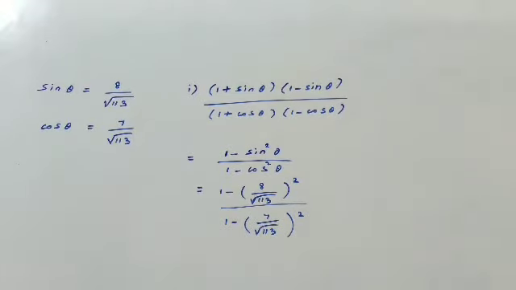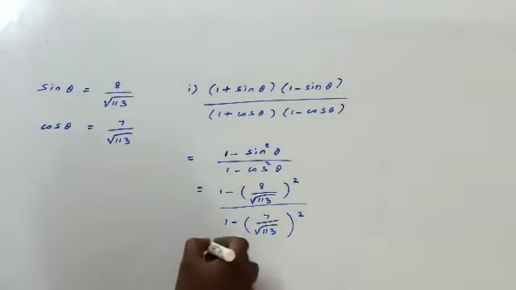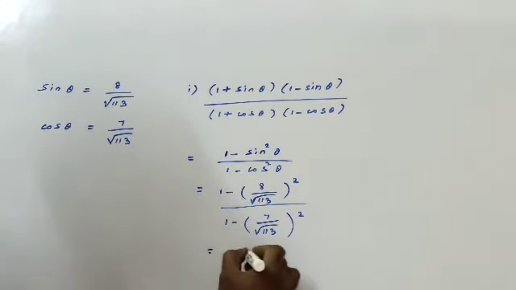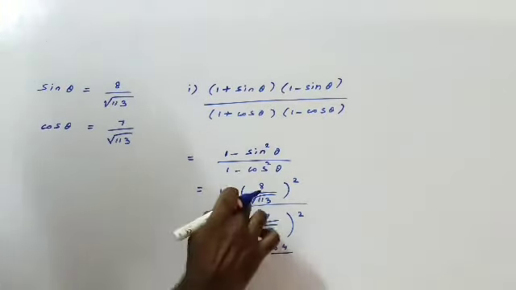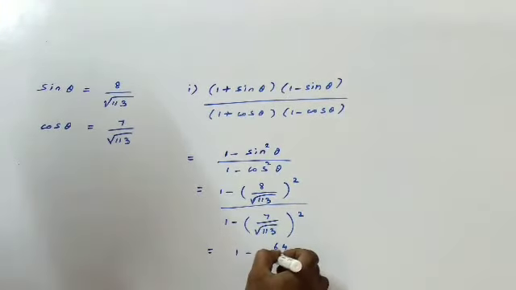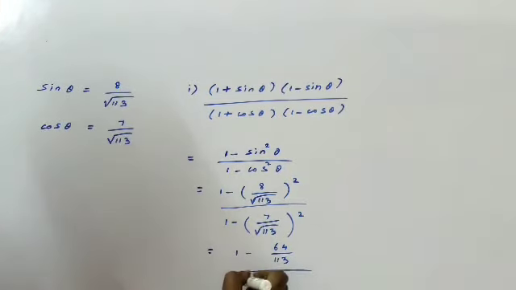Now squaring the value of 8 gives 64. So 1 minus 64 divided by the square of root 113 gives 113, divided by 1 minus 7 square, that is 49, root of 113 square, that is 113.